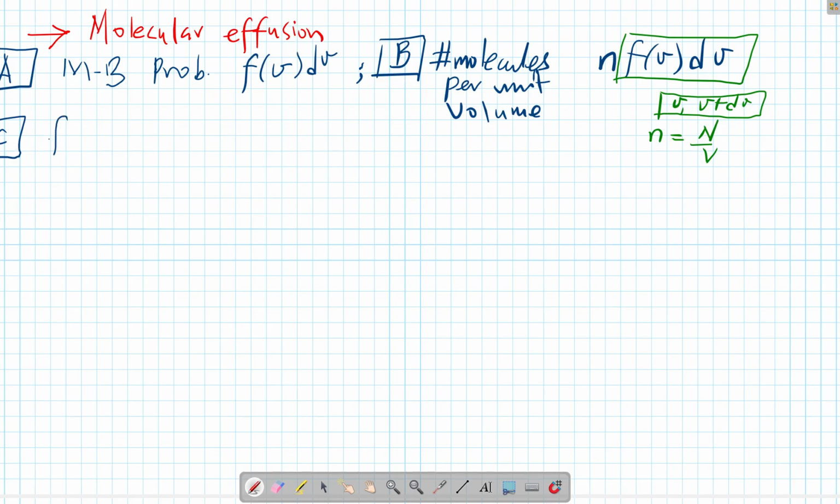So a fraction of molecules having speed within this interval of v and v plus dv.